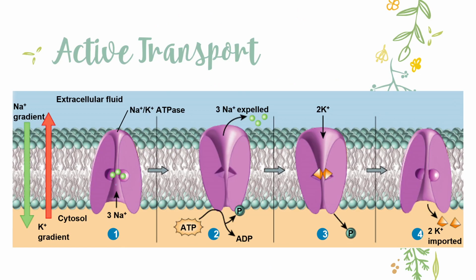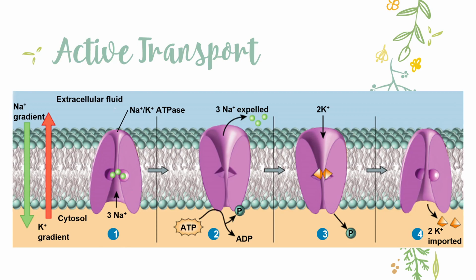Now, your sodium is commonly found outside your cell. Your potassium is commonly found inside your cell. Now, there may be cases that our cell needs to exchange these two ions because it might be that the sodium inside your cell is lower, or more potassium is needed outside, because it is not balanced and no longer in the normal range.